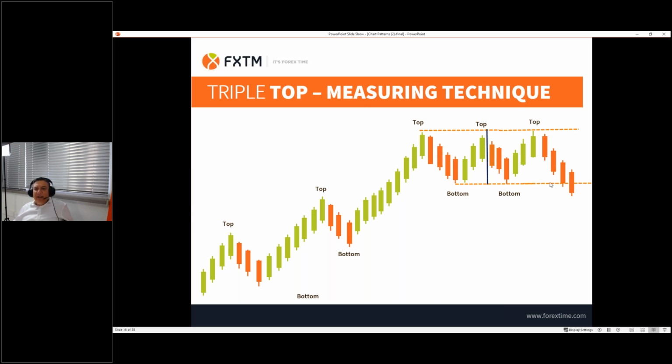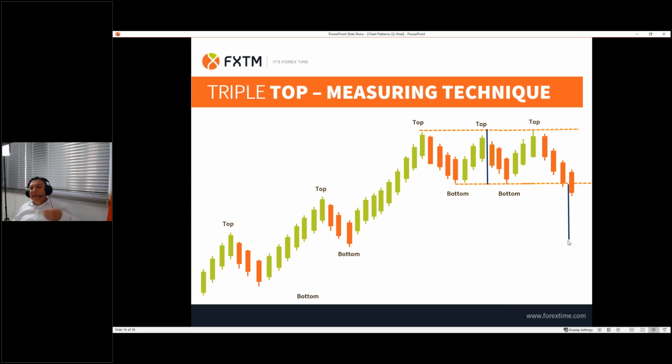So traders will initiate a sell position here, and of course they have to place a stop loss at the top, just in case, because you never know what is going to happen next. And then of course, to calculate the minimum distance, we take the height of this formation and we project it at the breakout level.